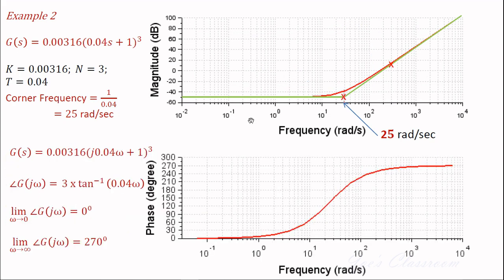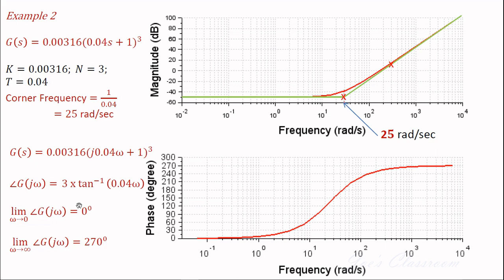And the phase plot is shown here as the expression is angle of G(j omega) is 3 into tan inverse of 0.04 omega, because n is equal to 3 and T is equal to 0.04. As I said, you have to find out the angle for different values of this frequency and plot it. Important thing to notice, as omega tends to 0, this is going to be 0, and this entire thing is going to be 0, and it is going to start from 0.